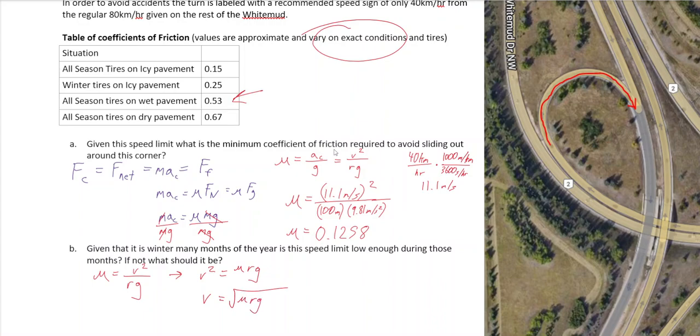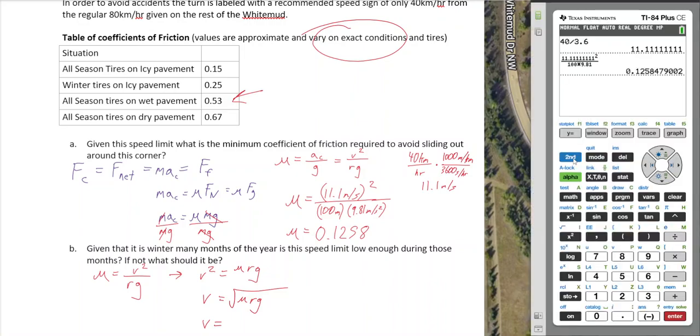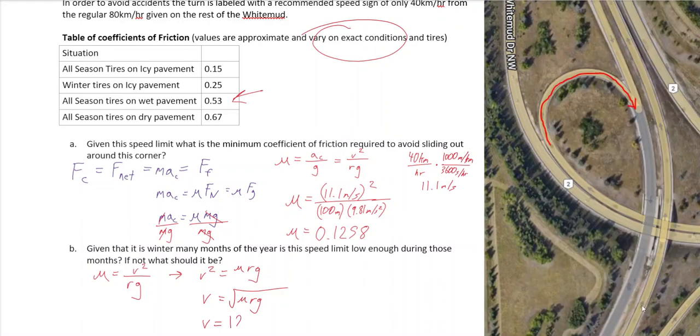So v equals the square root of mu r g, and with our new coefficient of friction, the radius, and gravity, we should have 12.1 meters per second. Now keep in mind this is meters per second, so then times by 3.6.